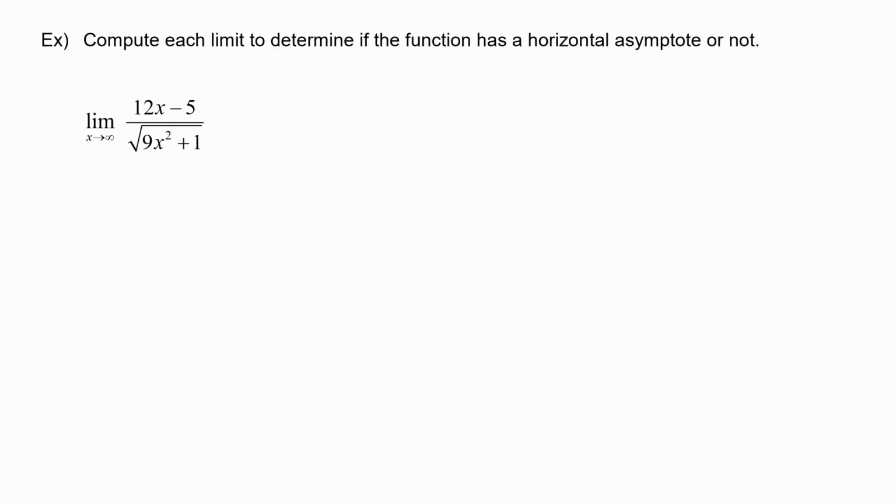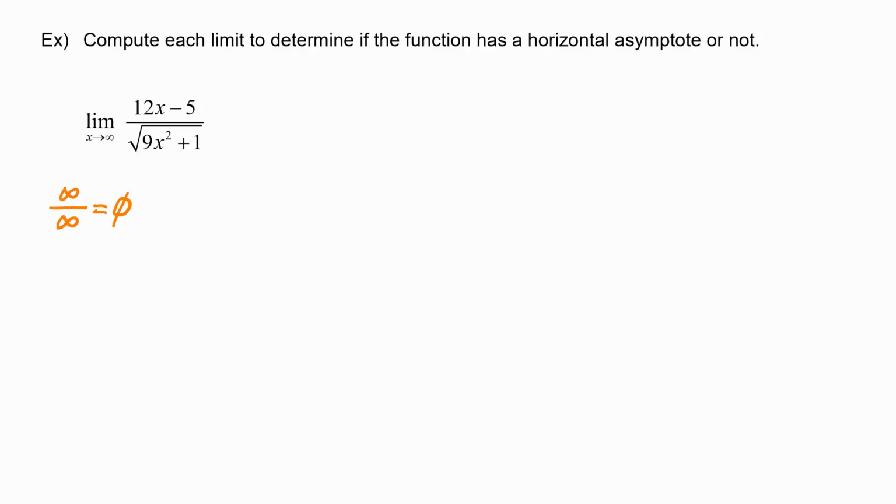Now, if we tried direct substitution and put infinity into x in the numerator, then we would have infinity in the numerator. And if we put infinity into x in the denominator, we would also have infinity. We know that this is indeterminate, which tells us we're going to need to do some algebra first and simplify this into something that we can find the limit of.